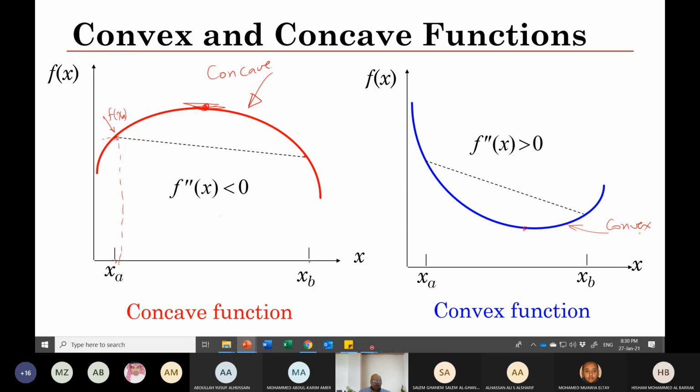And this is xb, and this is the function of xb. If you interpolate between xa and xb, if you take any point somewhere here, x, what is the value of the function at x? This is f of x.